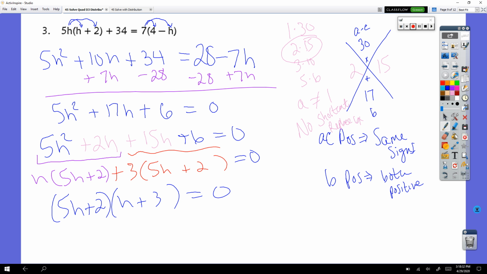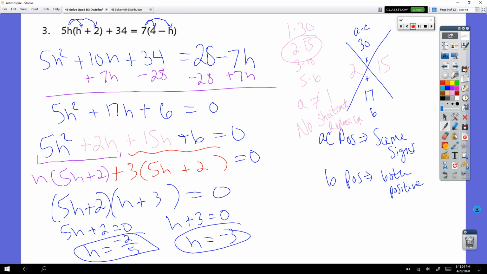And now that we've done the factoring, we've gotten through the tricky part of the problem. And we're going to set each factor equal to 0 and solve. Okay, so what I'm doing for this one is I'm subtracting 2, then divide by 5. So I'm subtracting 2 and dividing by 5. So if you can do that all in one step, it's absolutely okay. So I've got 2 solutions here.